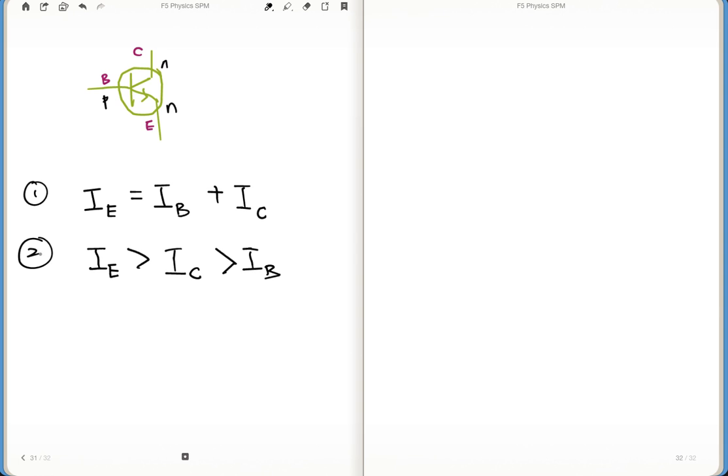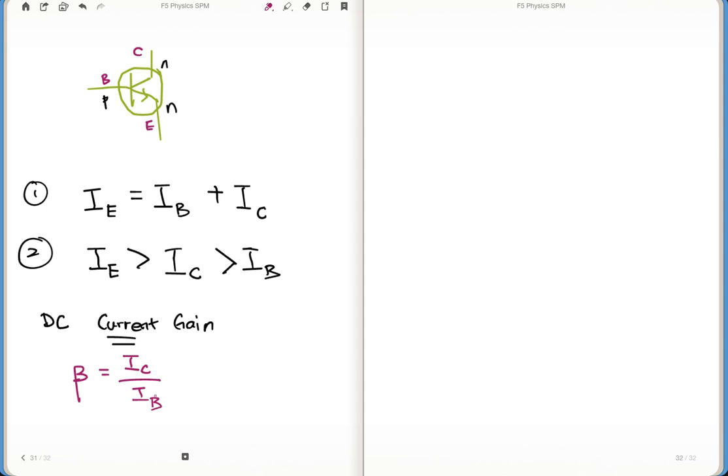Then something you should know also, there is something called direct current gain, DC current gain. In some harder questions, sometimes they will really use it. It's actually a ratio, they call it beta. Beta is actually IC over IB.